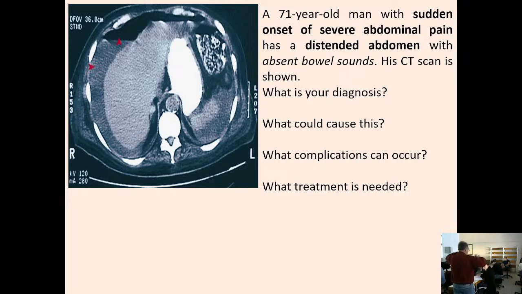In such a case, obstruction cannot occur because the cavity is too big. So what does cancer do? It invades all the wall of the stomach, enters the peritoneal cavity, and blocks lymph drainage. So we have ascitic fluid, and it's full of cancer cells.